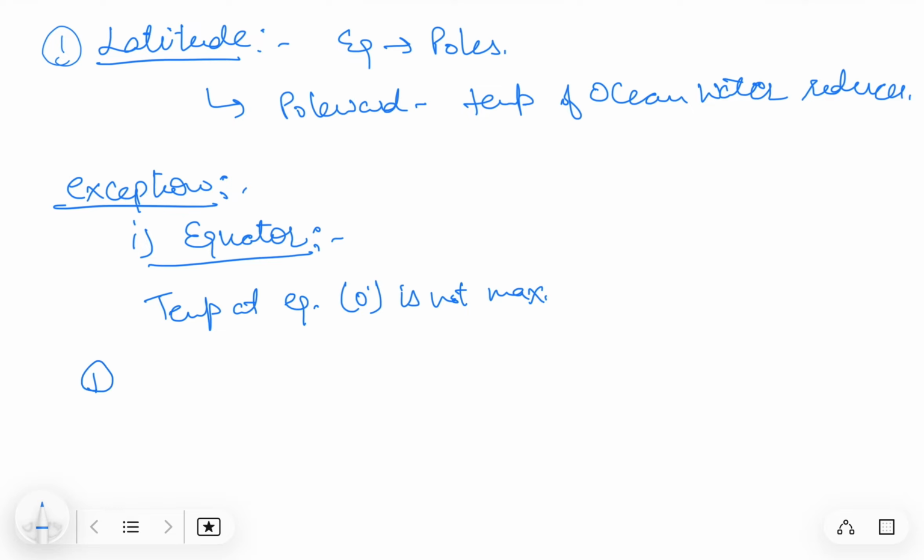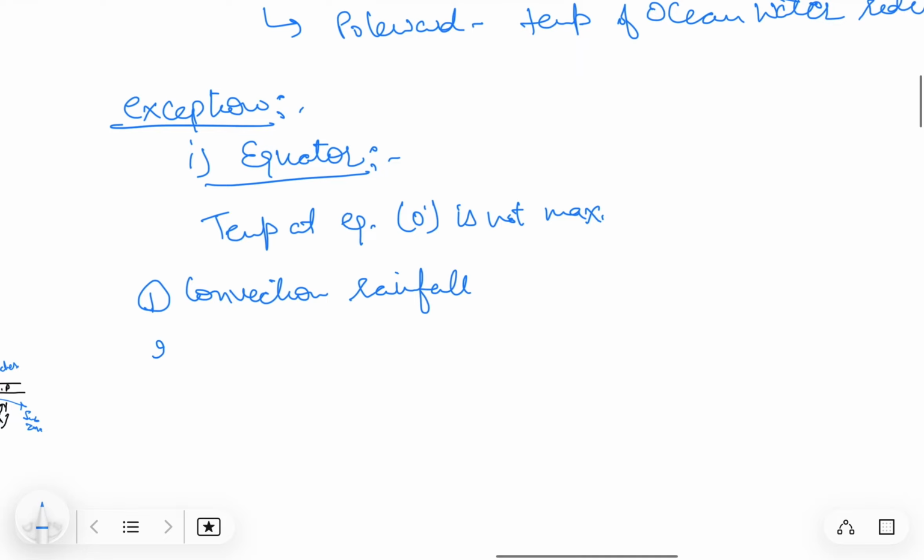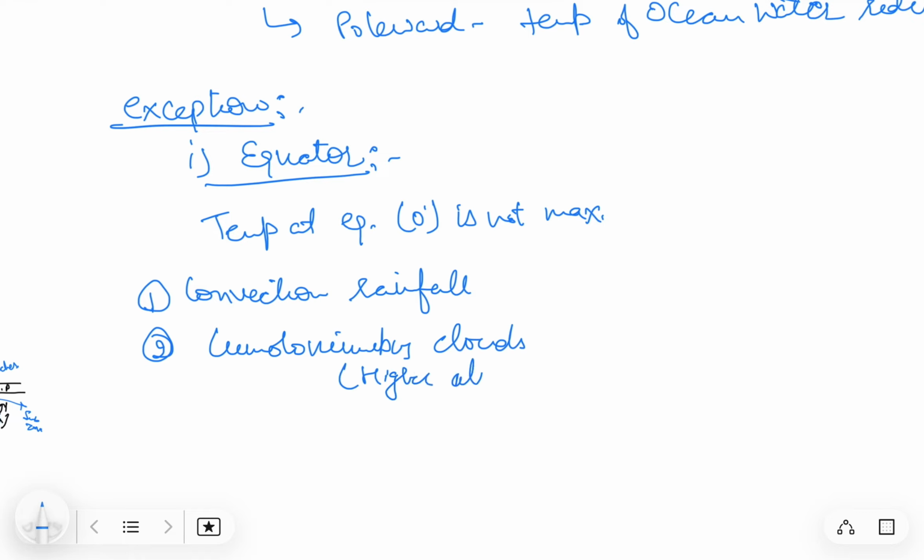It can be because of convectional rainfall and the formation of cumulonimbus clouds, having a higher albedo, so they reflect more of the incoming solar radiation. And the third factor which will affect it is upwelling.